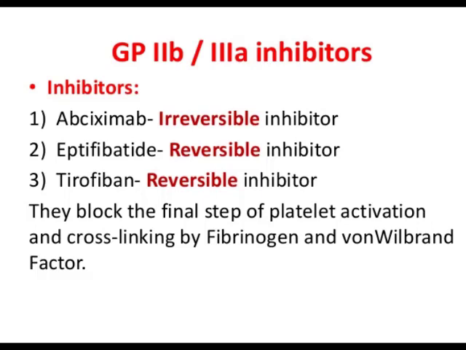Glycoprotein 2b3a receptor antagonists such as tirofiban and abciximab block the final common pathway of platelet aggregation and are potent inhibitors of platelet-rich thrombus formation. They are of particular benefit in patients with acute coronary syndromes who undergo PCI or those with recurrent ischemia and those at particularly high risk, such as patients with diabetes mellitus or an elevated troponin concentration.